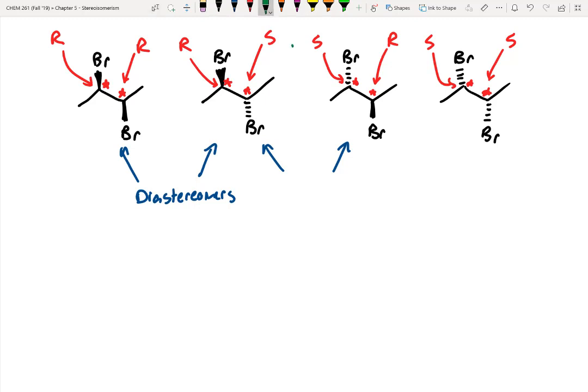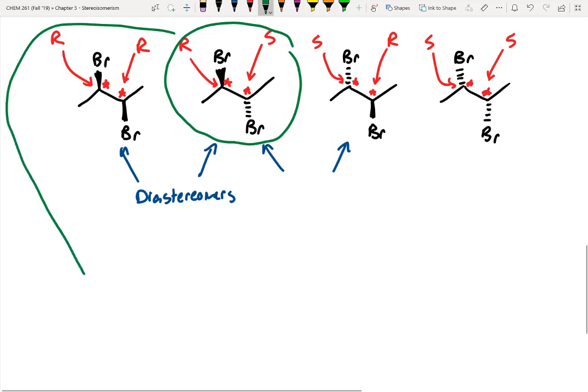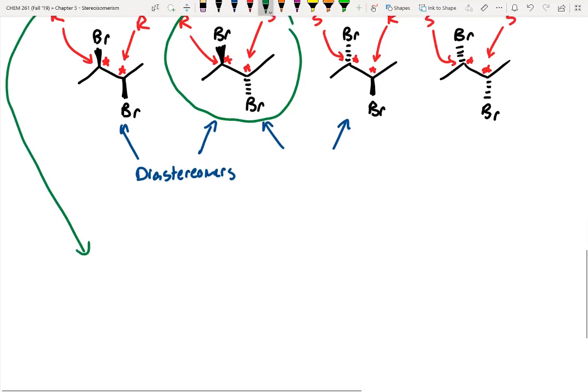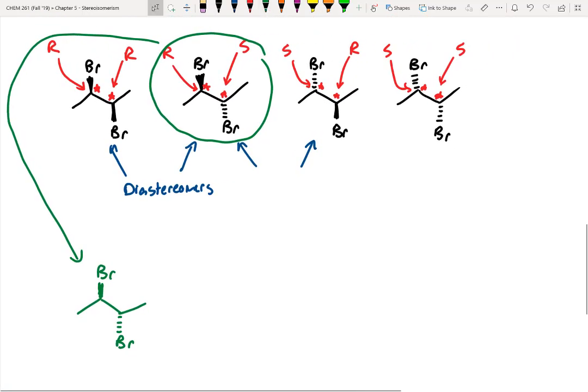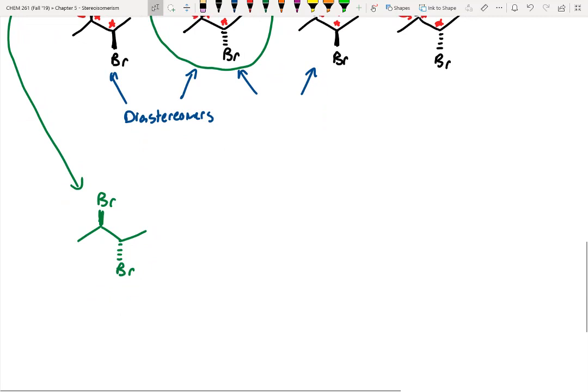Here's what I'm going to do. I'm going to draw this down here again. Just redraw it. Do we agree that's the same molecule, just redrawn in green? All right. What I'm going to do next.